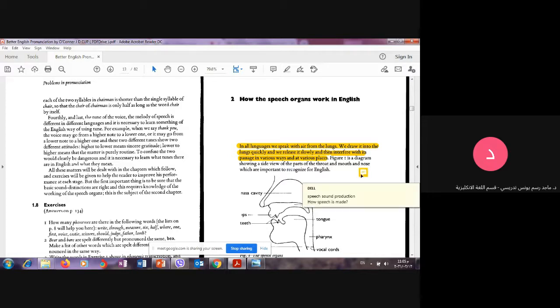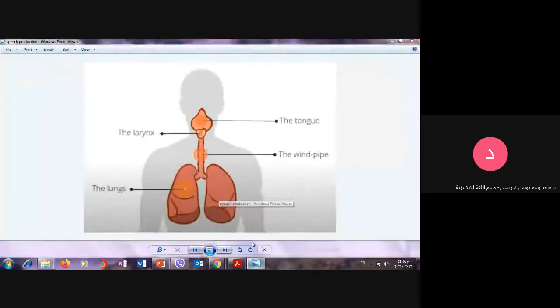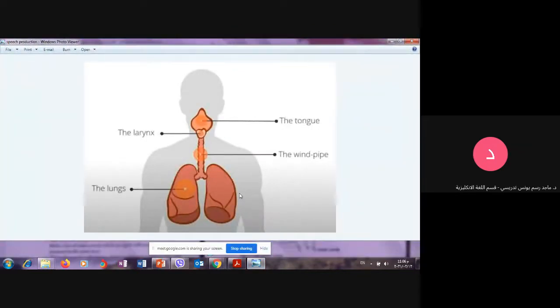So if you were asked to describe the process of speech sound production, these three lines describe this process clearly. Using this image, the whole process will be easily understood.